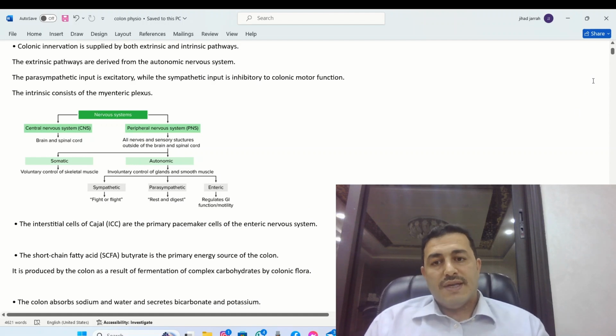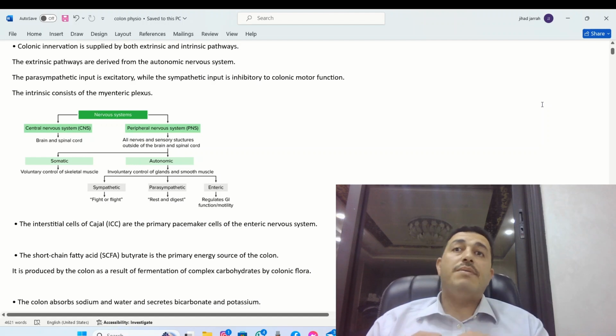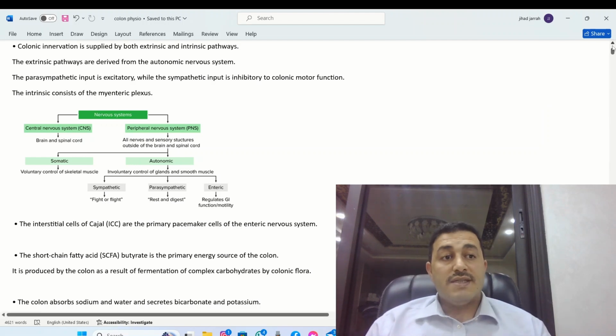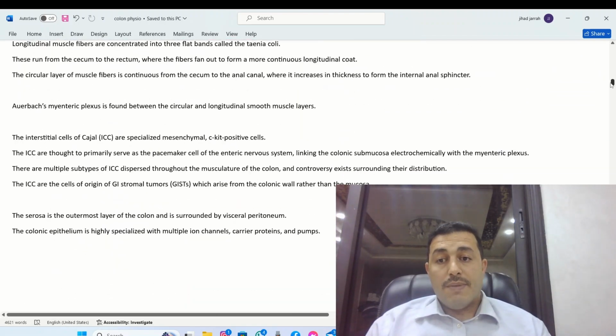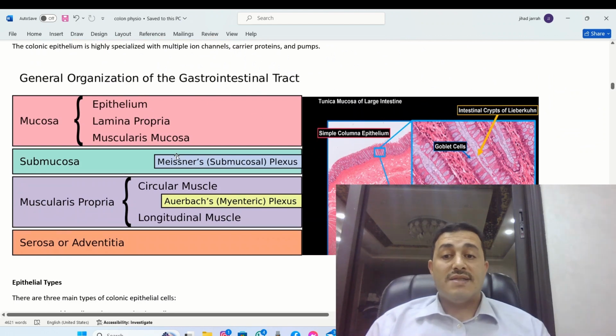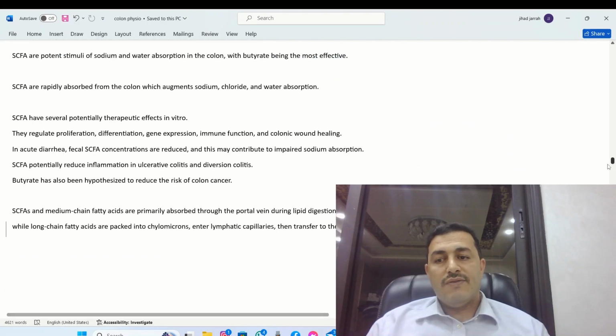We said that the sympathetic has an inhibitory effect on movement, the parasympathetic an excitatory effect, and the enteric nervous system has two plexuses, the Meissner plexus in the submucosa and the Auerbach plexus between the circular and longitudinal muscle of the muscularis propria. Let's return back to the colonic innervation.